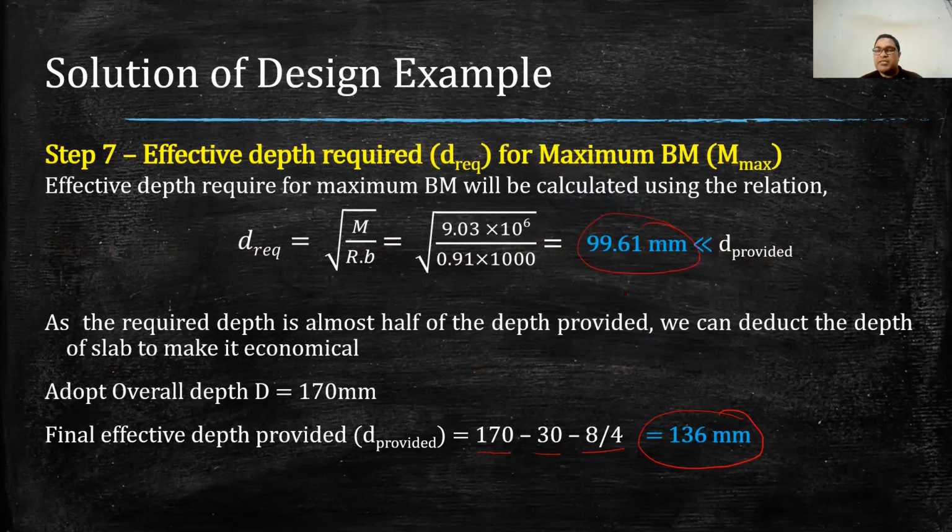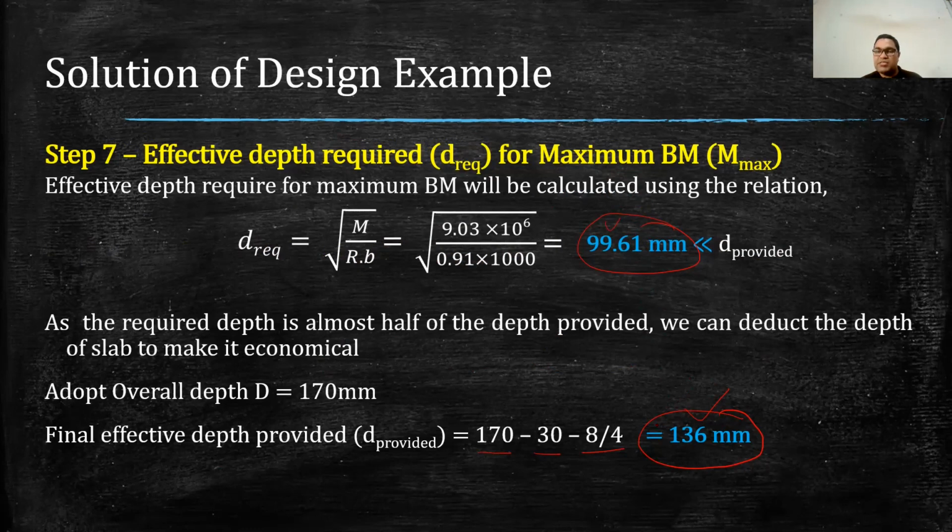So what does it mean? It means that our slab can take the maximum bending moment, and also we are on the safer side. So that is why we are taking a little extra depth, because if we decrease the depth too much, there are chances that it may fail in deflection checks. So it is not a good practice to decrease the value and take around 99, because our slab may fail in deflection checks.